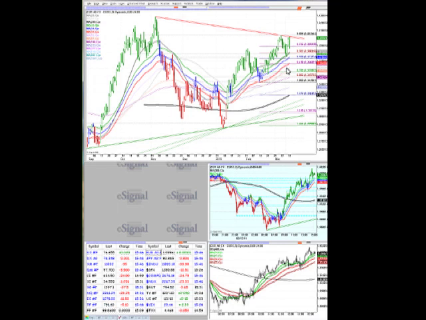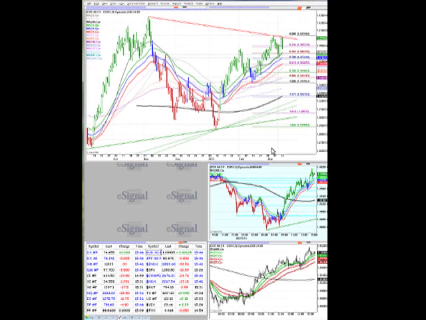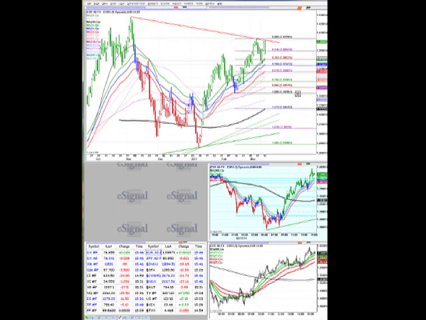But again, it's within the overall context of this is a correction of the uptrend. Okay, so whether it be Fibonacci, whether you use the wave, notice how well the wave acted as support. You can go ahead and position yourself in that way.